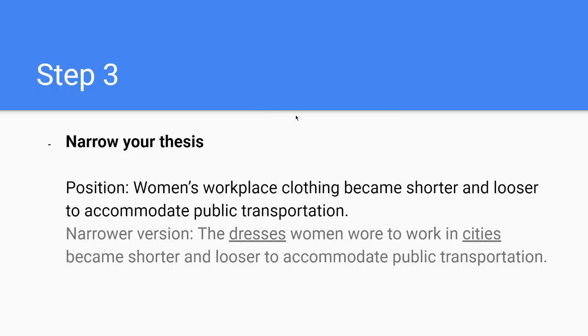And then step 3, and this is the final step, you want to narrow your thesis down. It's okay to start with a broad thesis, but your final thesis should be pretty specific. It should be pretty narrow. In my experience, the broader your thesis is, the harder it is to really develop that idea in depth.